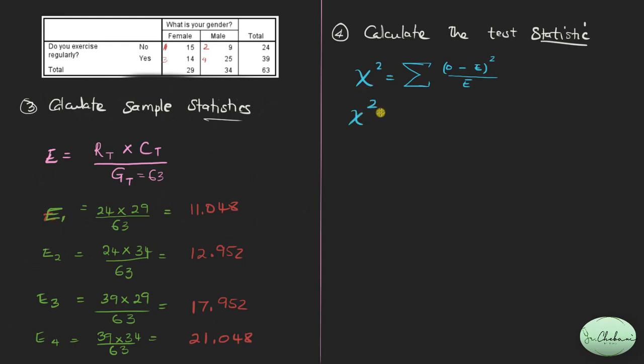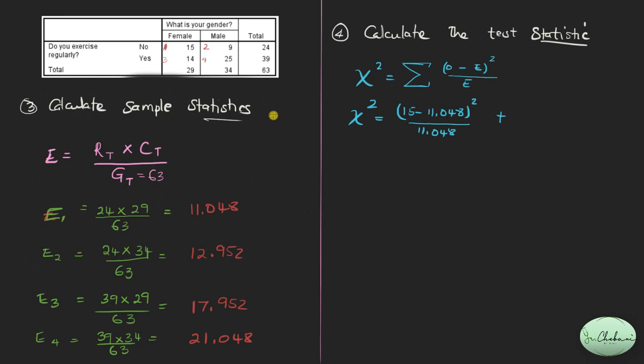You can do this in 2 ways: you can use a table, or you can do it the way I'm going to do it here. For the first cell, the observed is 15, so it's 15 minus the expected, which is 11.048, squared, divided by the expected, 11.048. That's the first cell done.